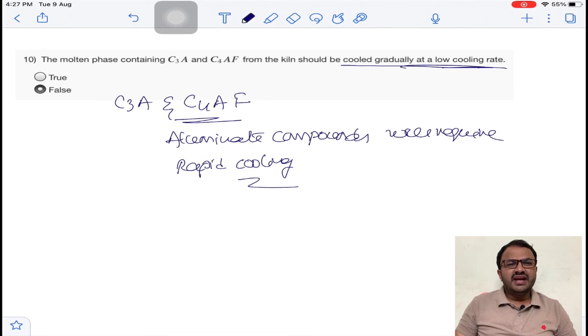These will not constitute the strength of cement. C3S and C2S are in more percentage in the cement. They will constitute the strength, but C3A and C4AF will provide more heat of hydration during the hydration process. So for that application, we need to cool this C3A and C4AF molten phase very rapidly. So this statement is a false statement. So the answer for 10 is false.